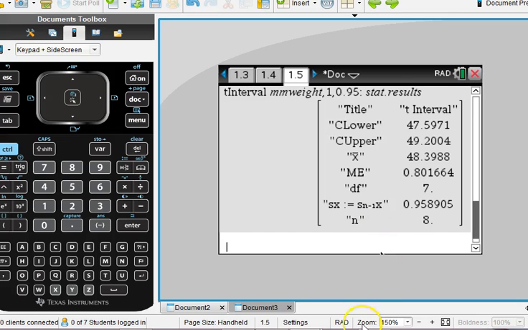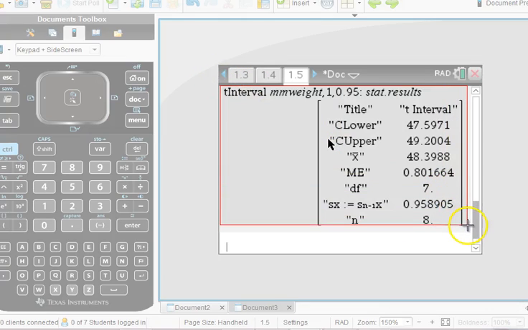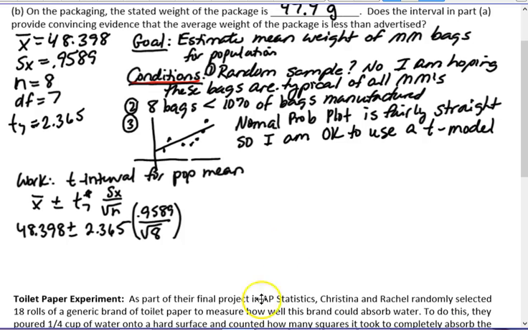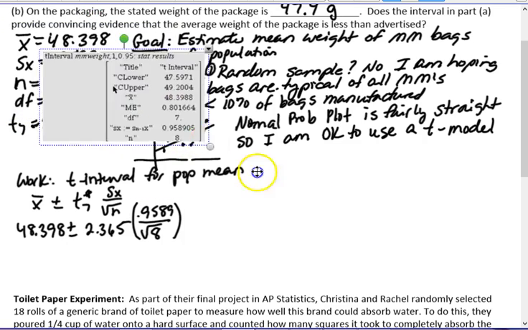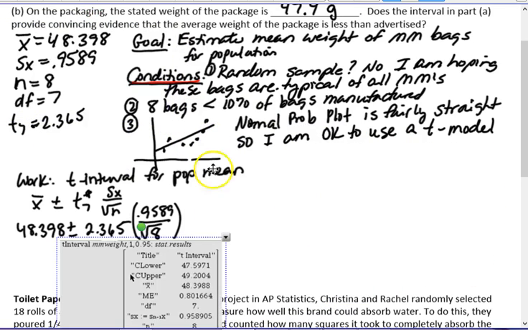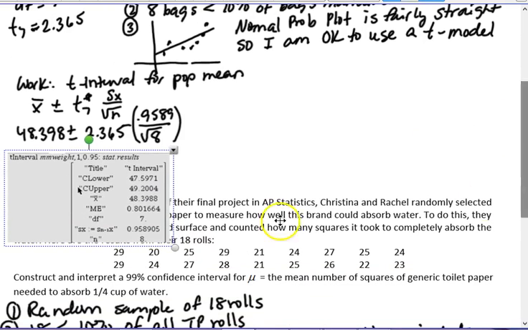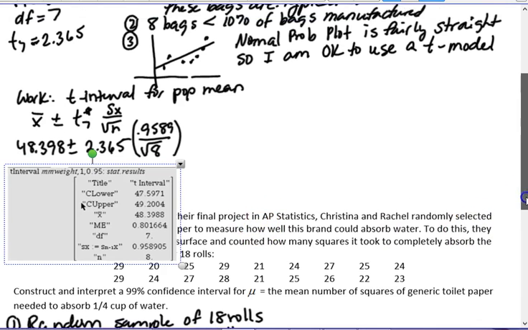I am going to grab this with my snipping tool and put it into the notes. I don't know if there's room for it, but we'll tuck it over here. This information is really helpful to make your interval. I'll move that other stuff later.